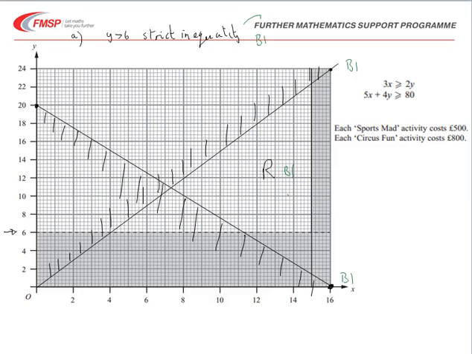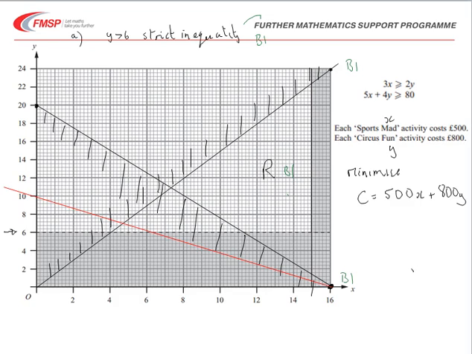In the next part of the question then, we're looking at the cost. We're asked to minimize the cost, where Sports Mad, and this was X, costs £500 and Circus Fun, Y, costs £800. So we're asked to therefore minimize the objective function C is equal to 500x plus 800y.